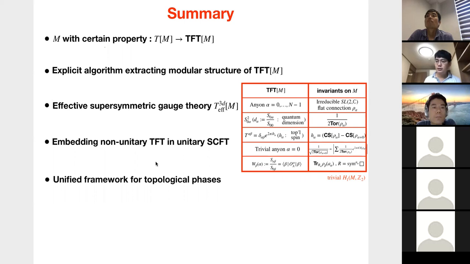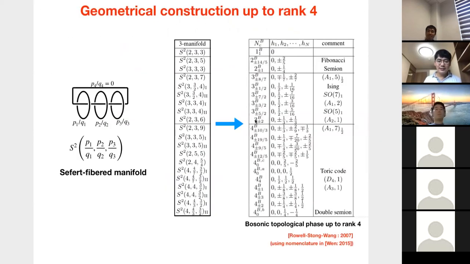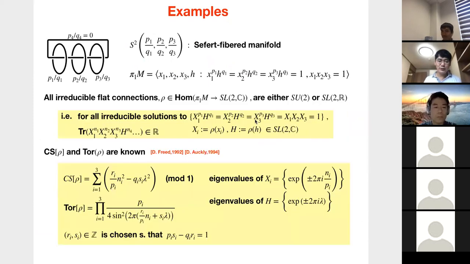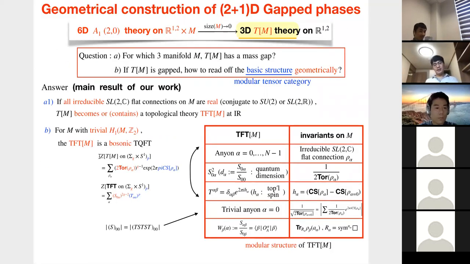So may I ask, S is the S matrix, right, of the modular data on the left-hand side. S squared corresponds to the inverse of this Reidemeister torsion. Yeah. So this is hidden in the 3D correspondence. So this is a basic relation. As I mentioned, this is a 3D relation.